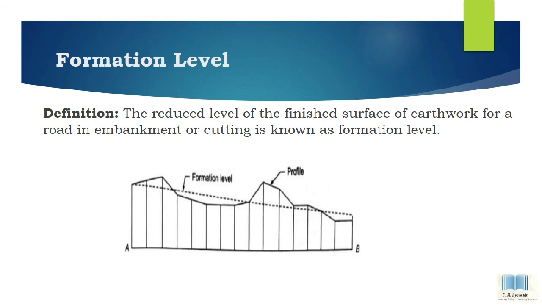Then the next term is formation level. The reduced level of the finished surface of earthwork for a road in embankment or cutting is known as formation level. Means it is the finished surface from the reduced level.